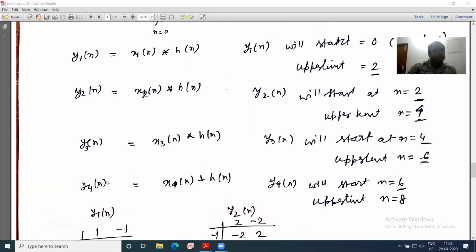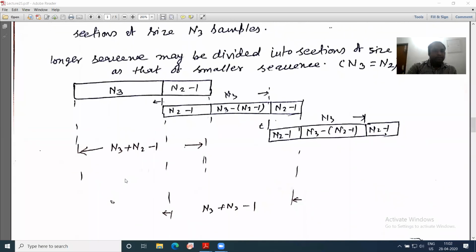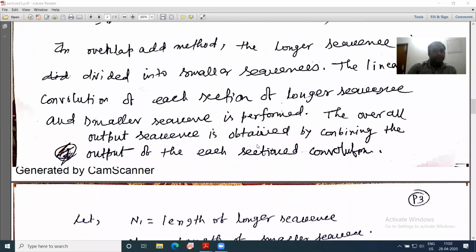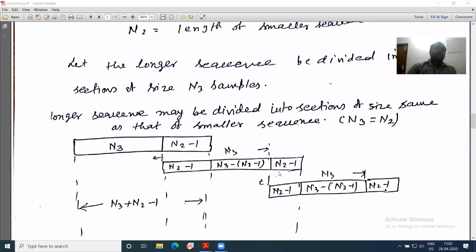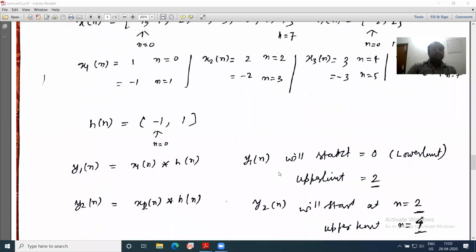So I have got 4 outputs, and here it is written that the overall output sequence is obtained by combining the output of each section convolution. Whatever the convolution result of each section, that I have to combine, and that combination will be the output. That's why this is called the overlap add method.